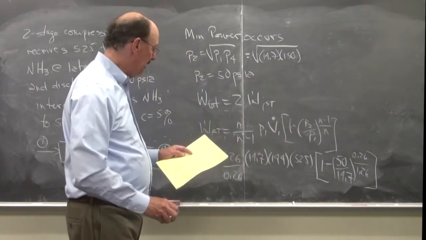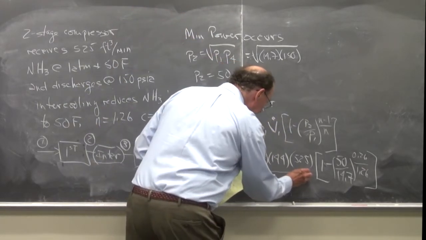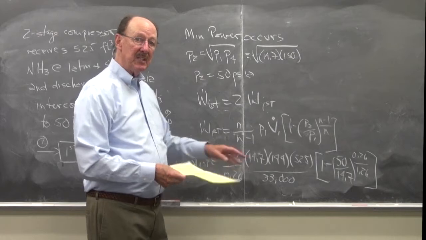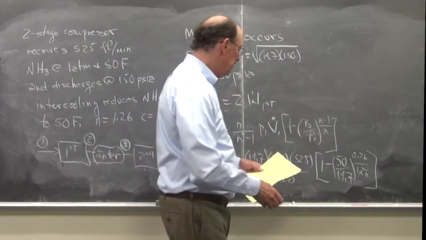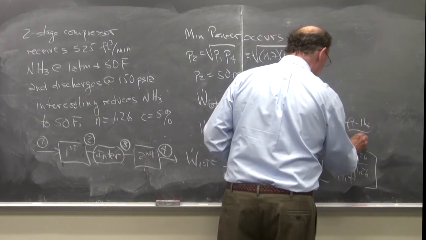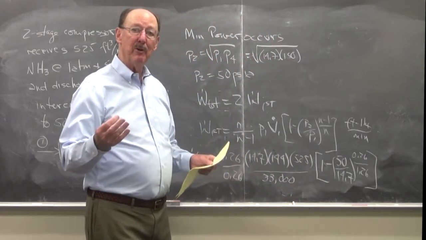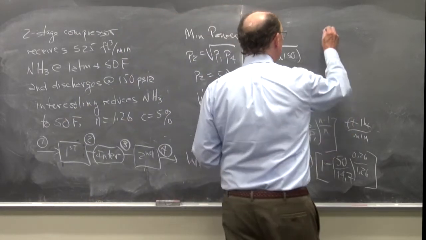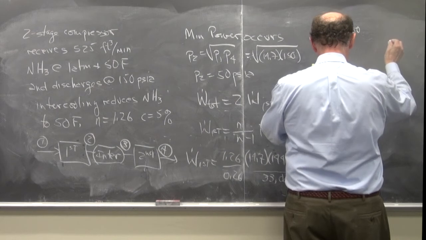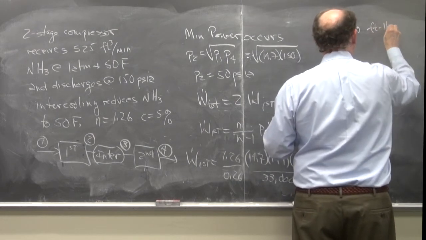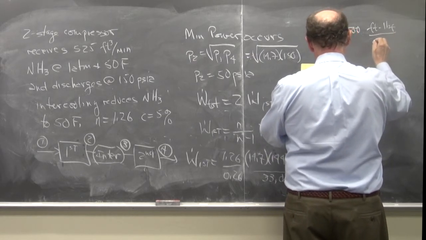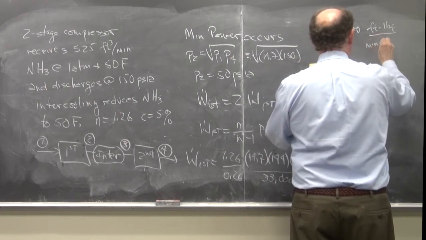And now what I want to do, and I'll introduce this factor, I'm going to divide by 33,000, and I'll explain what that is. The units on this term are foot-pounds force per minute. What I want to do is convert it to horsepower. So 33,000 foot-pounds force per minute per horsepower.